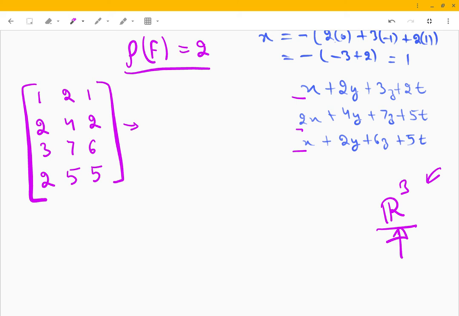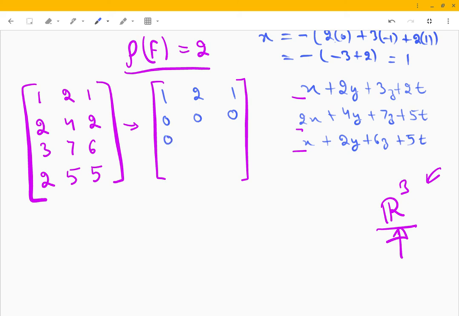I'm not writing the operation, I'm just doing it and saying it. Negative 2 times r1 plus r2 is r2, and I'm not changing r1. So this is 0, this is 0, this is 0. Negative 3 times r1 plus r3 is r3.